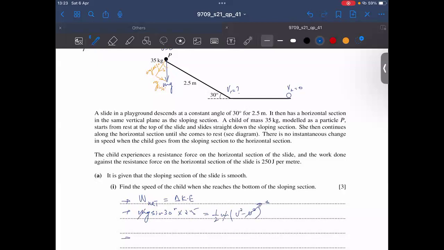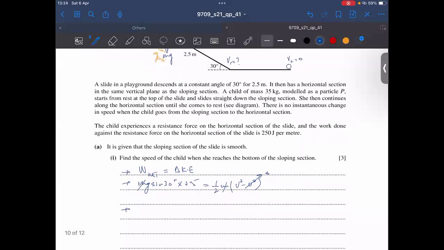So g times 2 is 20, sin 30 is a half, which is 10 times 2.5 is 25. So v squared is going to be 25, and so v is going to be equal to 5 meters per second.